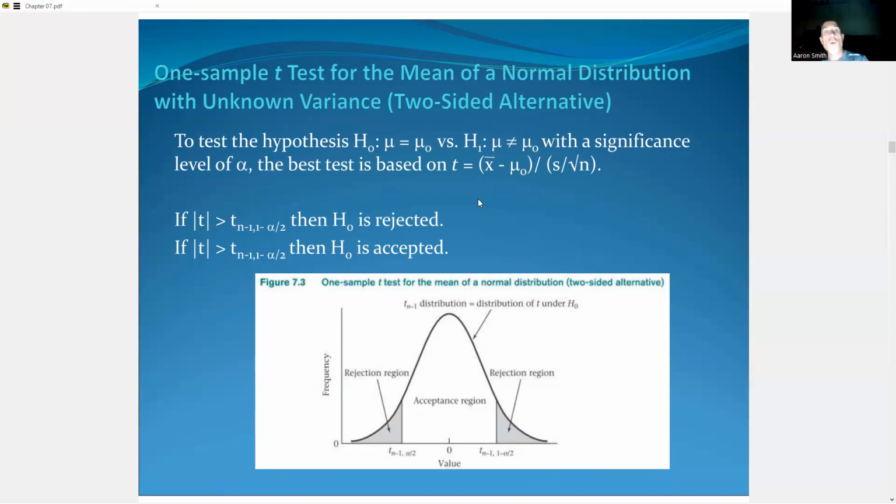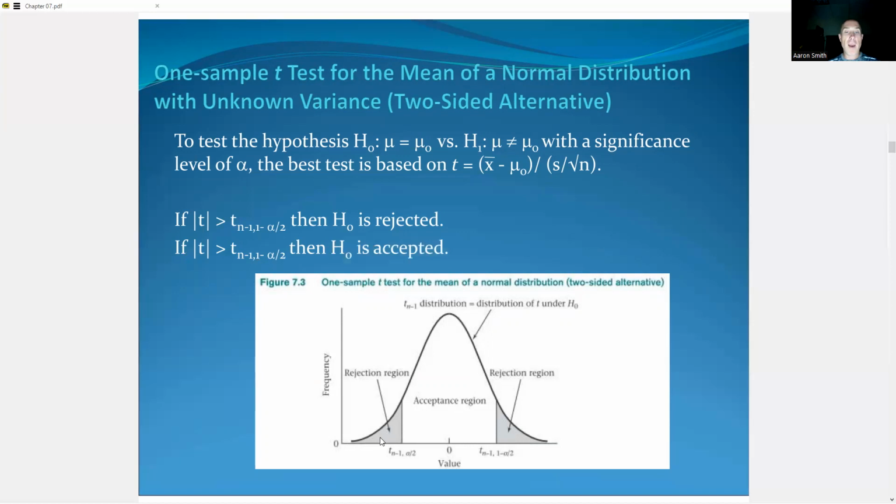If we see that we get a large T, in magnitude, absolute value greater than a cutoff, then we're going to reject the null hypothesis. If it is less than or equal to the cutoff, then we fail to reject the null hypothesis and we tentatively accept it.